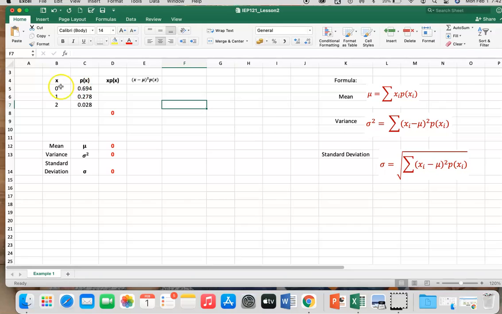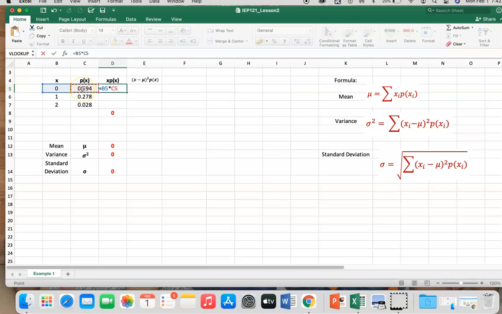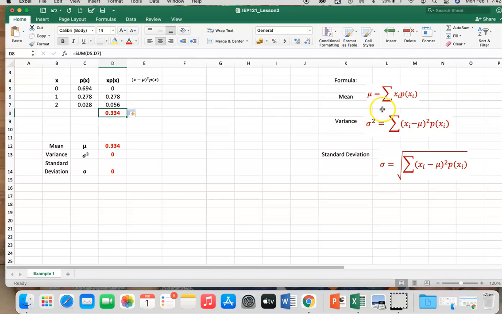So let's start by getting the mean. So x times probability of x. Let's use the formula in Excel. Then, to copy the formula, just drag down. And then this is the summation, because the mean is the summation. So we have here our mean.